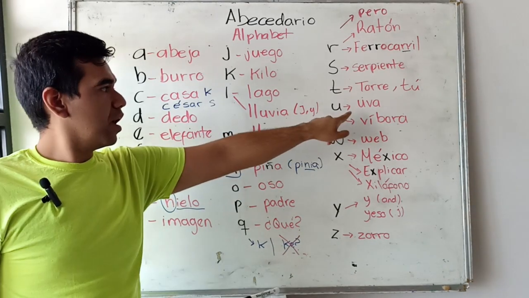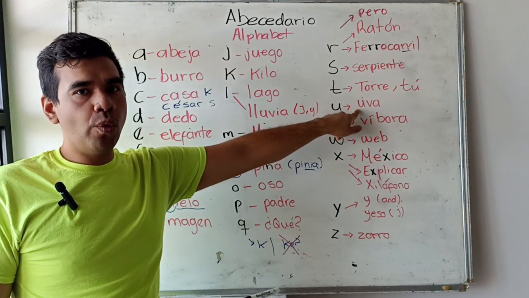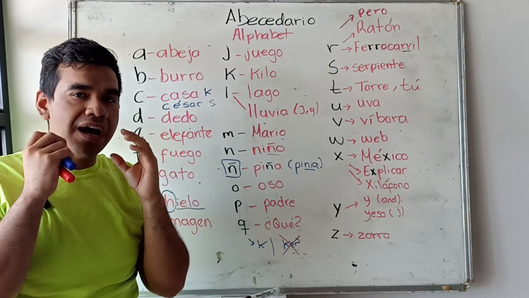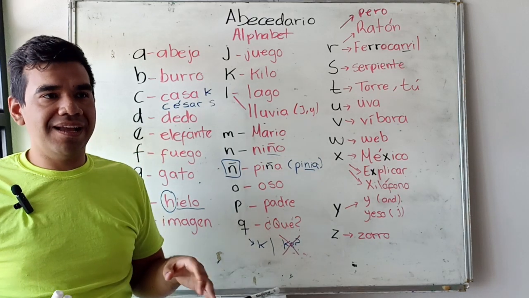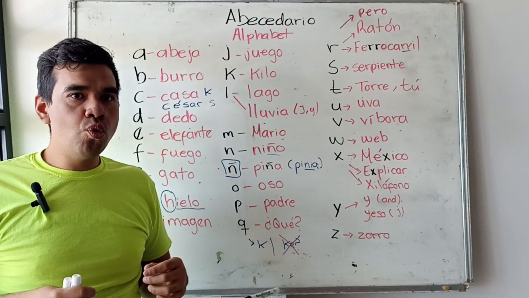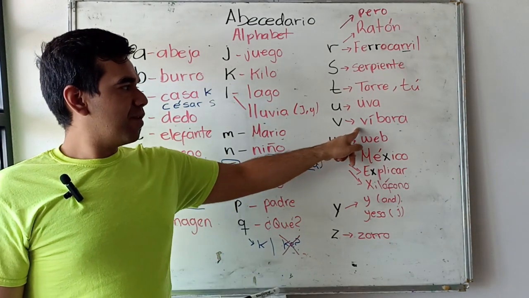U. Uva. U. You see my mouth, how it works? U. Like the cow. Moo. You see? Víbora.